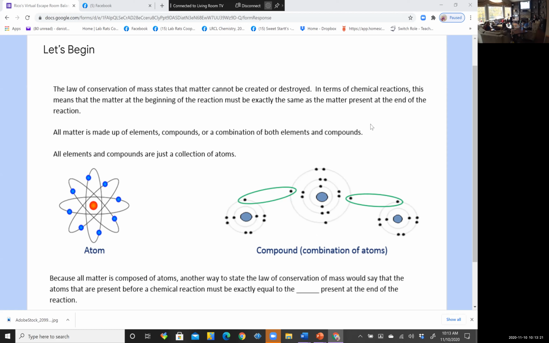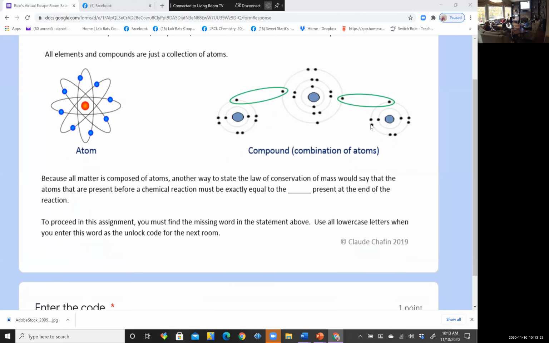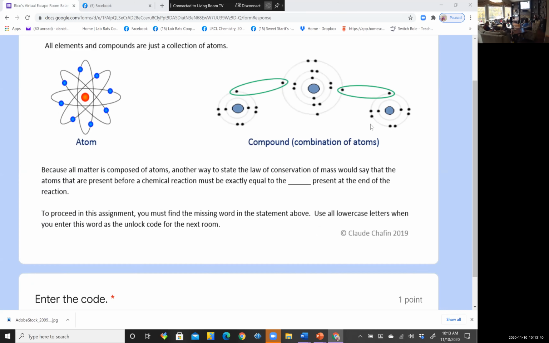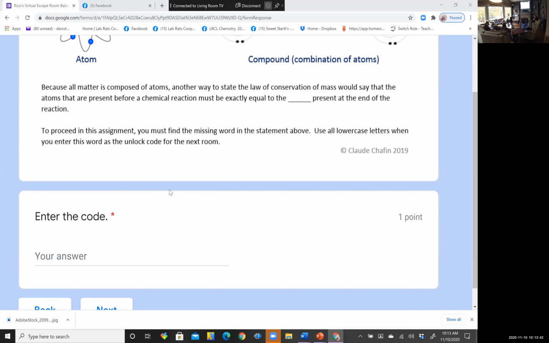So you got an atom, and then you got a compound right there in your little diagram. Because all matter is composed of atoms, another way to state the law of conservation of mass would say that the atoms that are present before a chemical reaction must be exactly equal to the blank present at the end of the reaction. What's our answer?